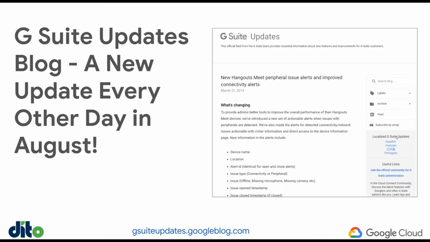These are updates that for some slice of your users are going to change the way that they use G Suite. So often you'll see updates to things like accessibility or how an application can be used for different workflows, including examples. And the updates go into a great amount of detail. So I can't recommend this enough.